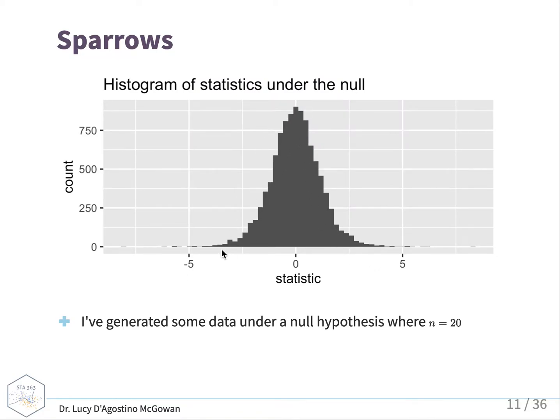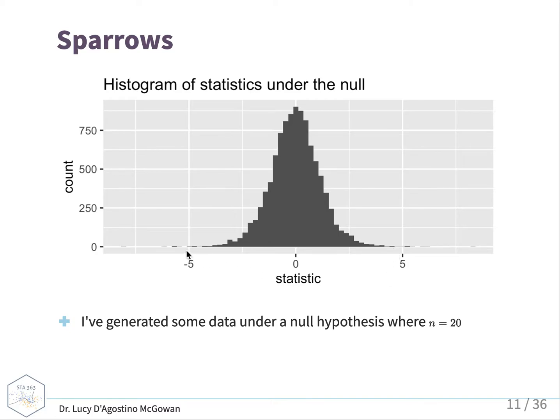I've generated some data under a null hypothesis that the slope is 0, and equivalently this statistic is 0, and I've seen what values I would expect to see. It makes sense that most of the values fall right at 0, but it's still possible to see small or large values even under this null hypothesis just due to chance.